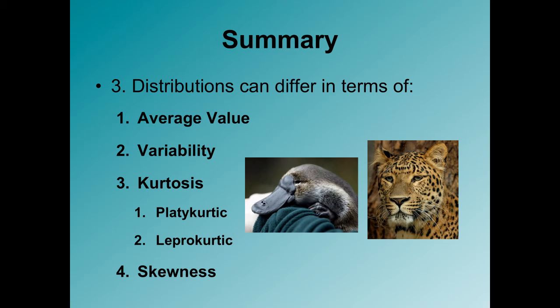And distributions can vary in terms of average value, variability or dispersion, kurtosis, which has to do with the height, platykurtic being a very wide distribution, leptokurtic being a very skinny distribution, and finally skewness, which has to do with the level of symmetry.